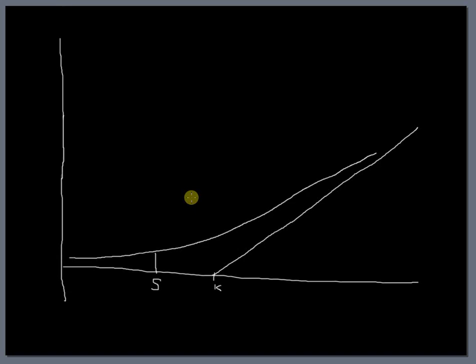Imagine that we want to hedge this option and we can only hedge using equities. Clearly, because this is a long call option, we are exposed to long equity risk. When the equity price rises, we make money from this option, and when it falls, we lose money.